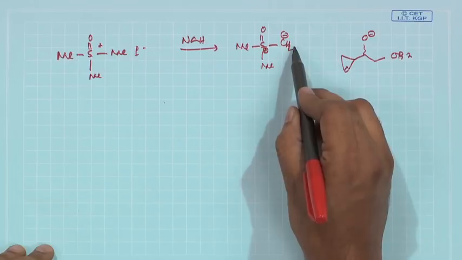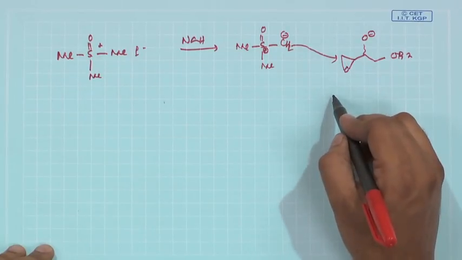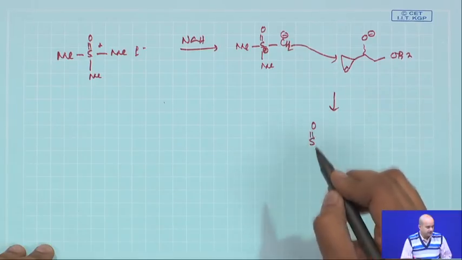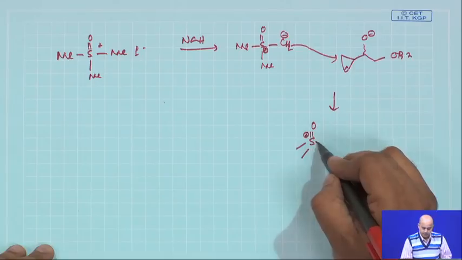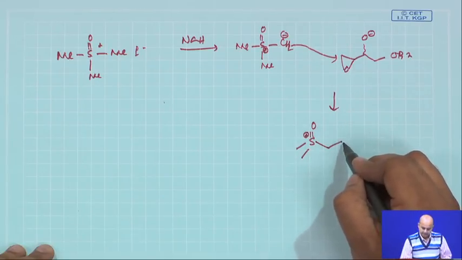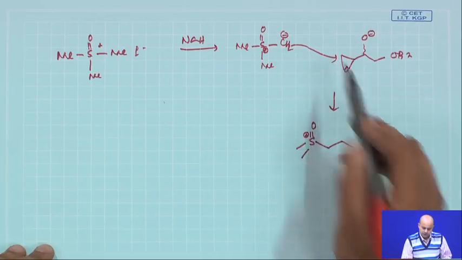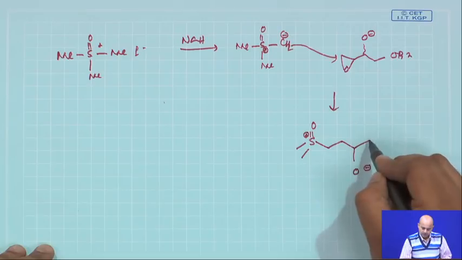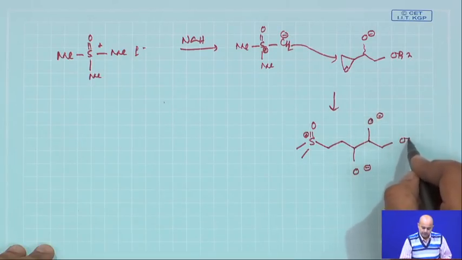This nucleophile will attack the sterically less hindered site, and now what do we get? You basically get the epoxide opened up, and one CH2 will be added. Your oxygen will now be O minus.